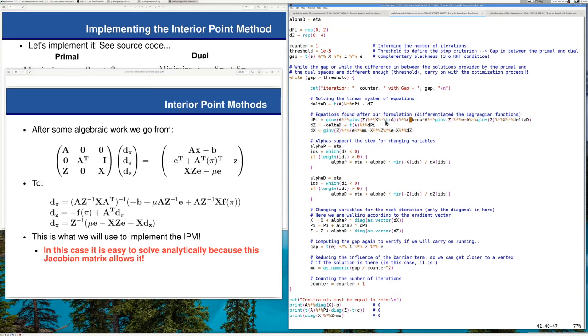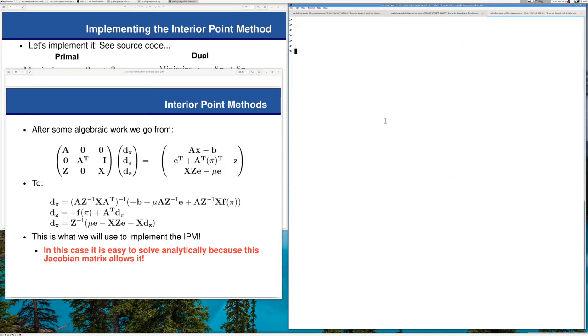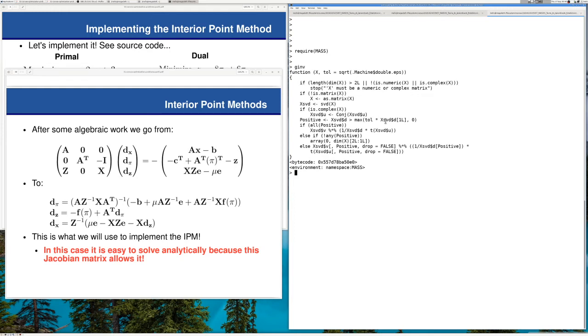If you take a look, this function g-inv, or inversion, is a function to provide the inverse of a given matrix. So if I come up here, and of course I require MASS, I have access to g-inv, which is the inversion of a matrix. So we have some matrix here. It's going to be a matrix whose mean is equal to 0, with standard deviation, 3 rows and 3 columns, times 3.